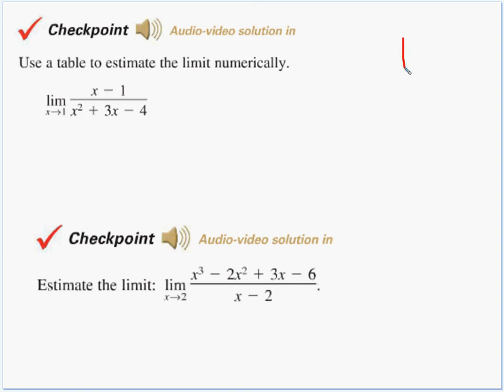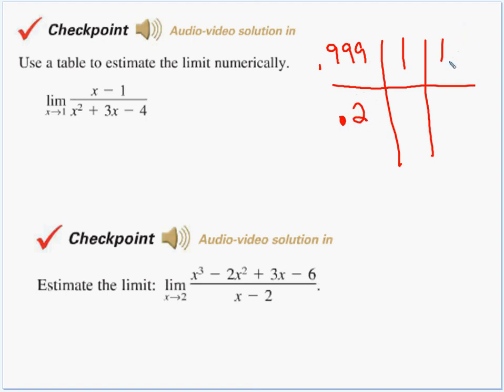Let's try this again. Our approach number here is 1. So I put in 0.999, and I got out a 0.2. And if you put in 1.001, you'd also get out a 0.2. I guess we'd have to go a little bit farther.